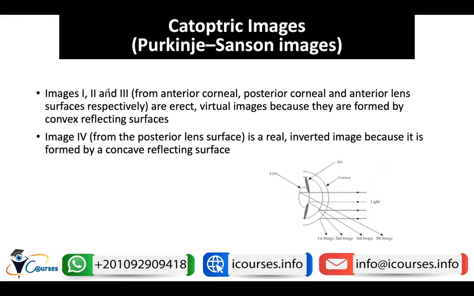Images 1, 2 and 3, present at the anterior corneal surface, posterior corneal surface, and the anterior lens surface, are all erect and virtual images because they are formed by a convex surface. On the other hand, the one at the posterior lens surface is real and inverted because it's formed by a concave reflecting surface.